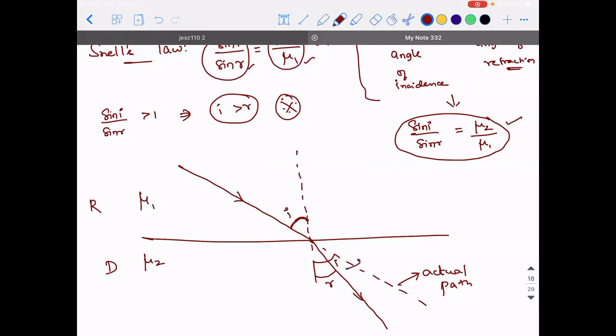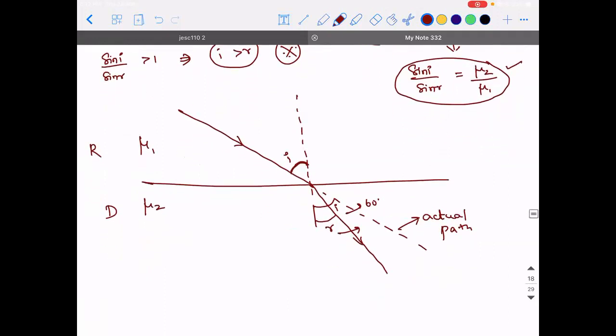Let's say if I is going to be 60 degrees, R is definitely going to be less than 60 degrees. So the conclusion that we are going to make from here is, when light is traveling from rarer to denser medium, is it bending towards the normal or away from the normal? Towards the normal. Light bends towards the normal.